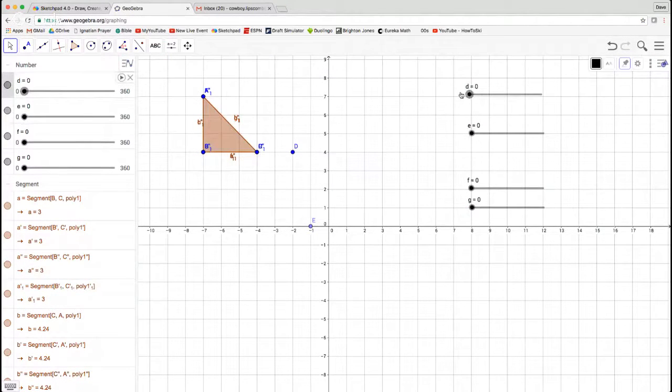Okay, what I have done here is I am taking a triangle and I am going to first rotate it by a certain number of degrees around point D. As you can see, right? I'm going to rotate this triangle around point D. And then after I rotate it around point D, let's just try and get that right at 180.